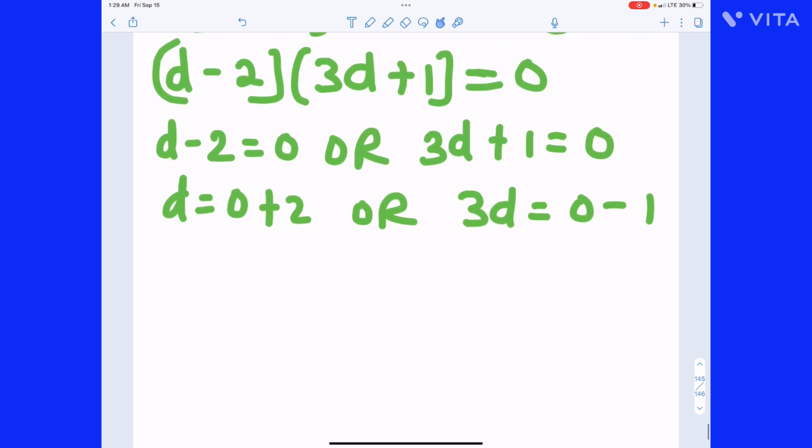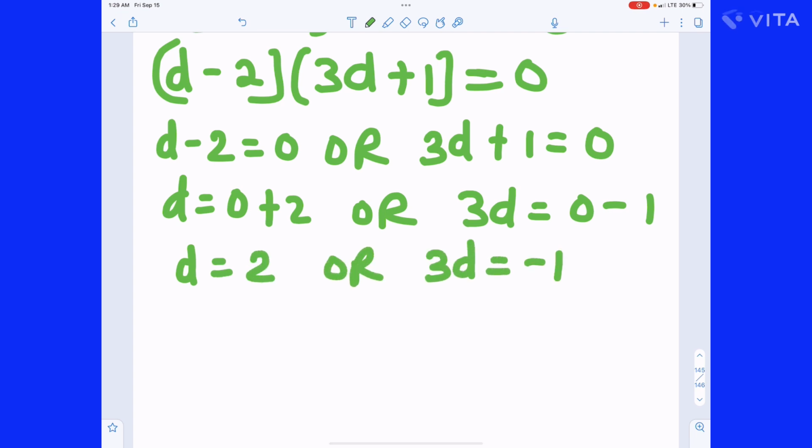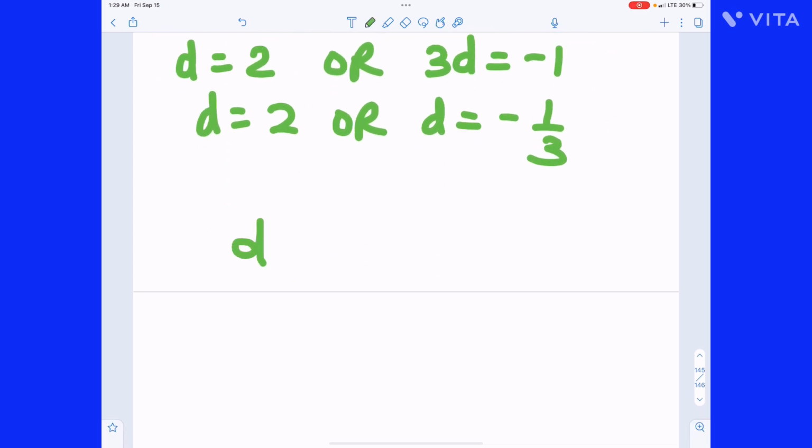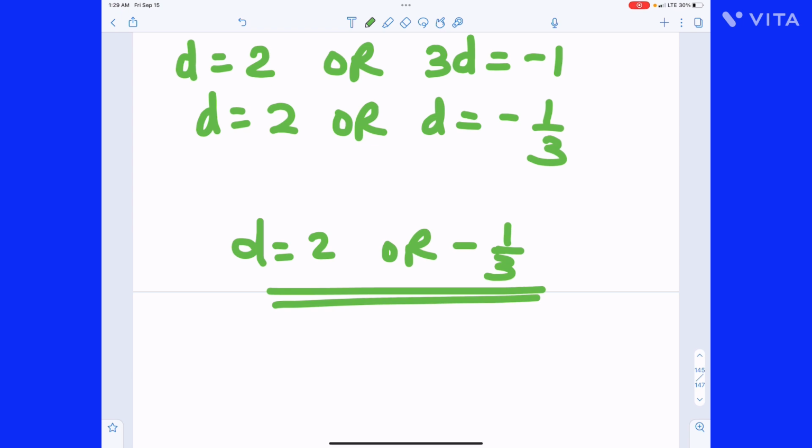So d is 2, or d is minus 1 over 3. So that ends that question. D is 2 or minus 1 over 3.